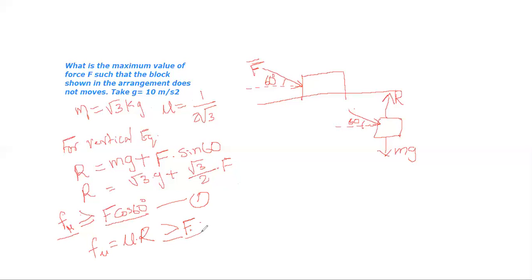That is F by 2. And we have the value for R here. So let us substitute the value for R into this equation.